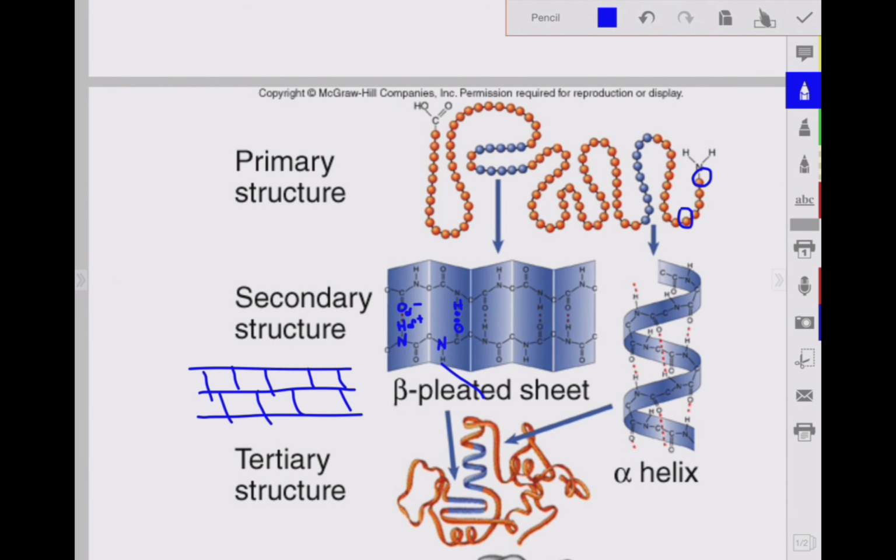And when you look at something like a beta-pleated sheet, a really great example of that is silk. And silk is incredibly strong. Why? Well, it's covalently bonded. That's one thing. It also has a lot of these little hydrogen bonds that help to hold it together.